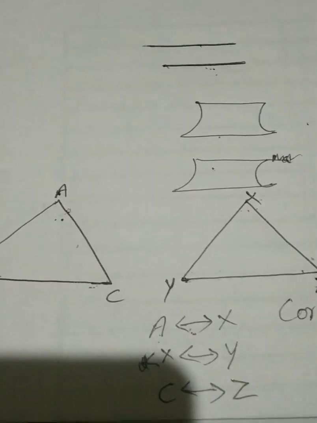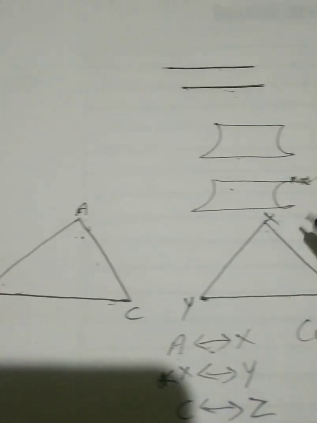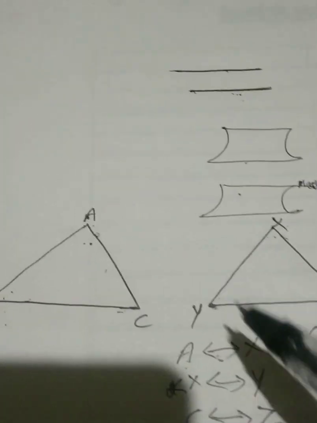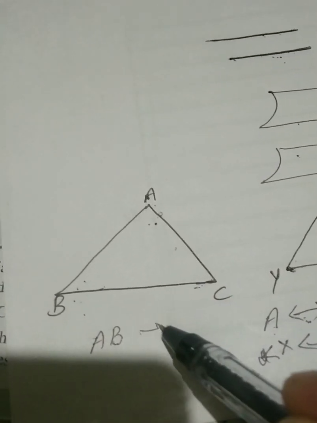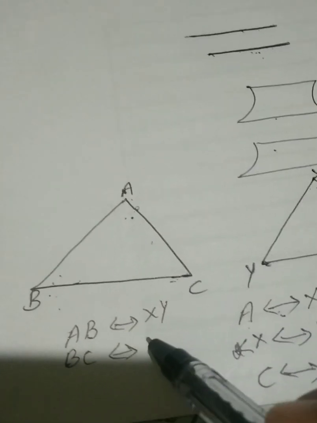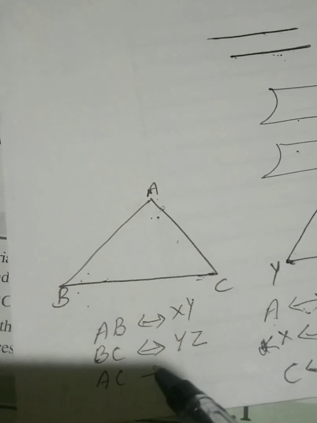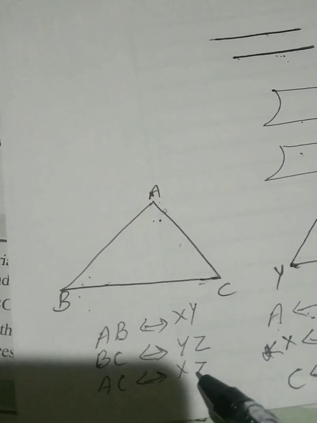Now we can say AB will be equal to XY, no? So AB corresponds to XY. Then BC corresponds to YZ. Then AC corresponds to XZ.